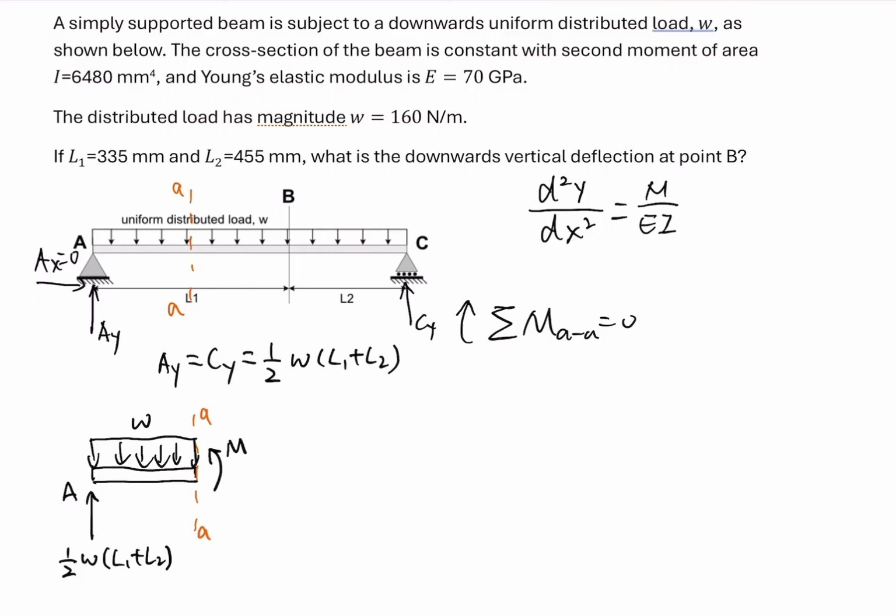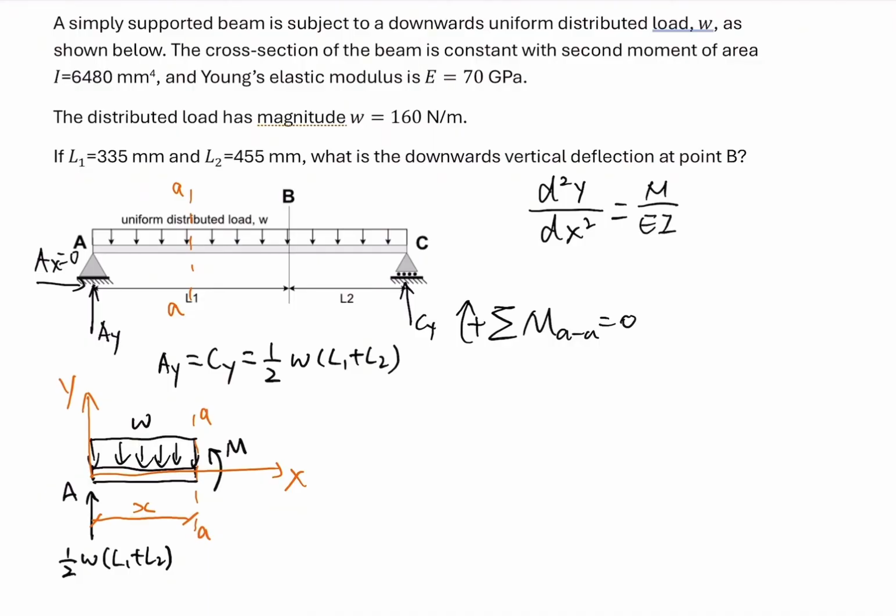Say the positive direction is clockwise. Let's look at the moment equation of equilibrium at section A to A. First of all, the reaction force produces a bending moment at this section. We build a coordinate system x, y, with x the distance from support A to this section.